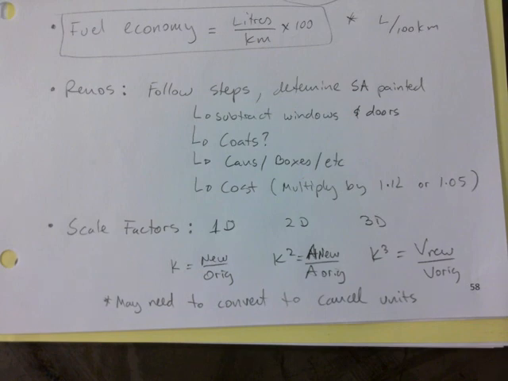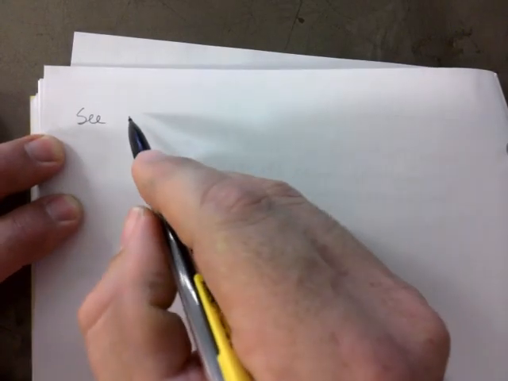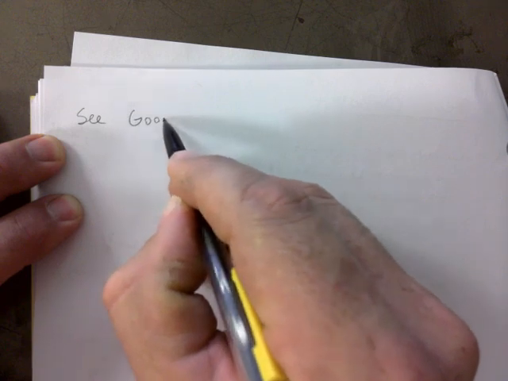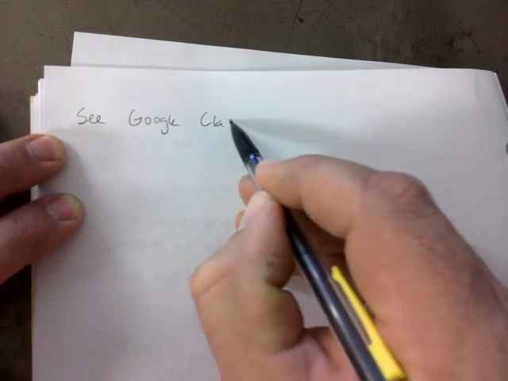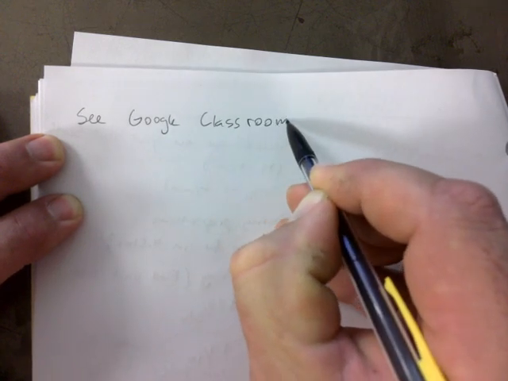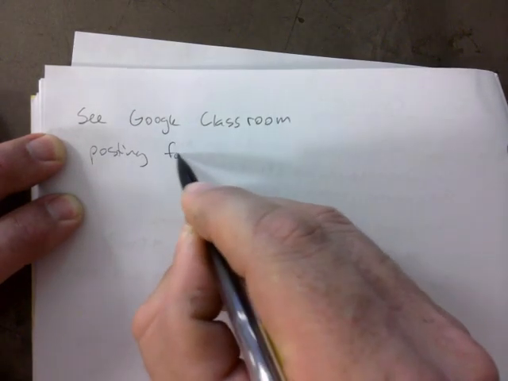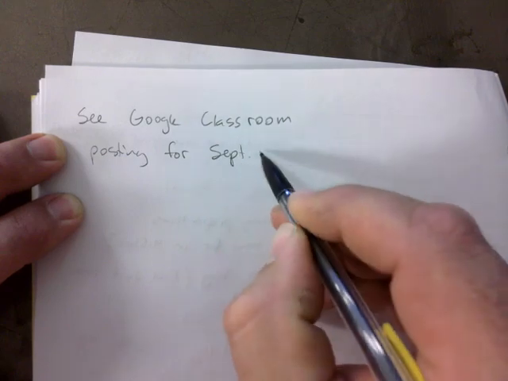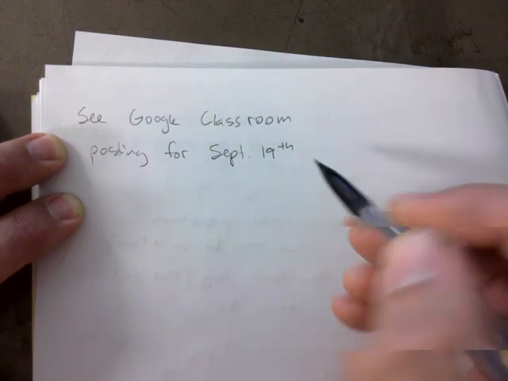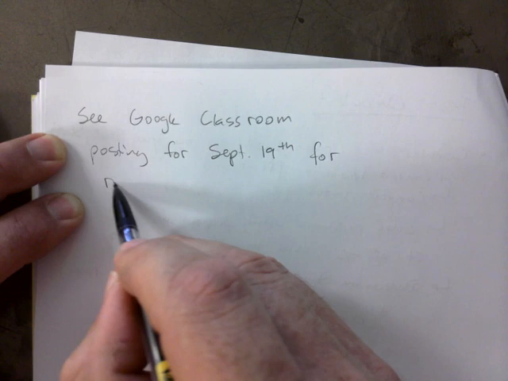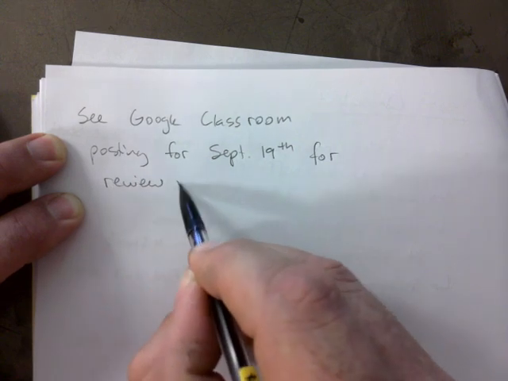Okay, let's just go 59 here, because it's going to stay up. So let's say you want to study down the road. I'm just going to say see Google Classroom posting for September 19th, for review material.